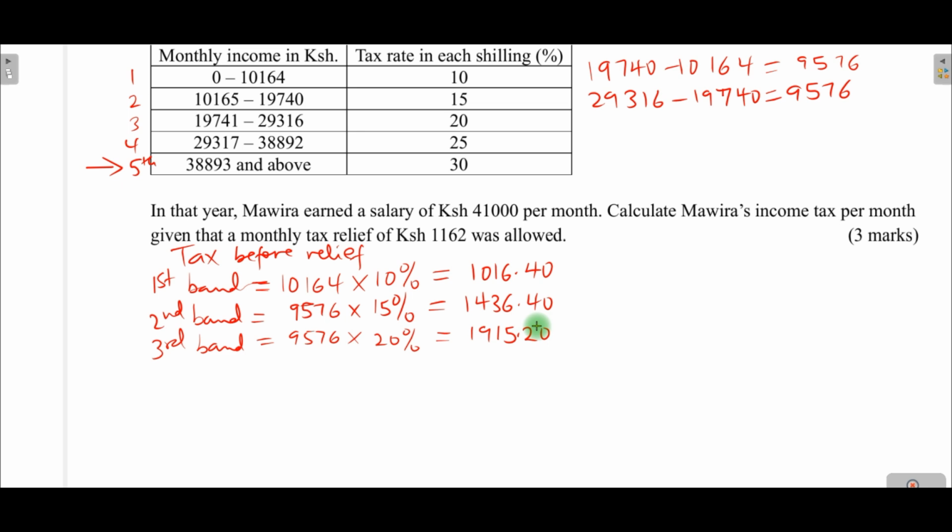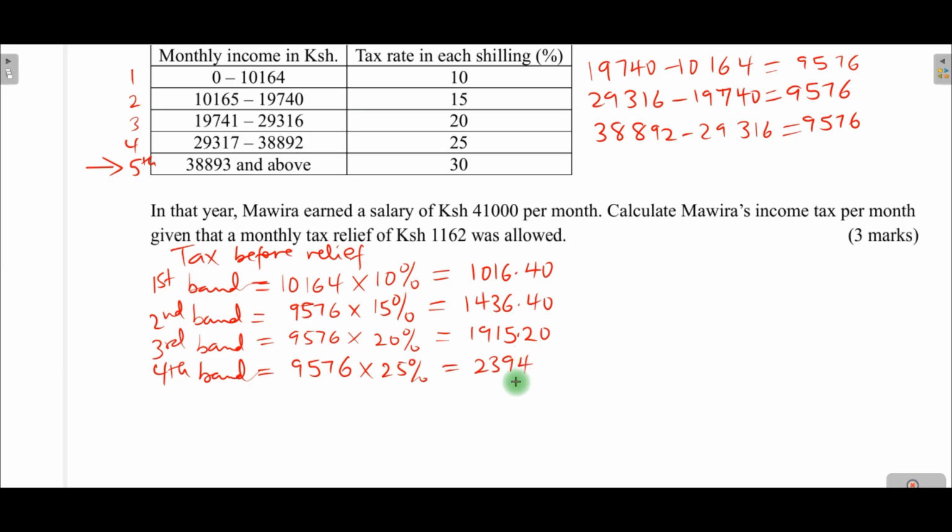Then in the fourth band will be 38,892 minus 29,316. Again, you work it out to get 9,576. So for the fourth band, it's 9,576 times the rate, 25% for each shilling. Again, you work it out, we get 2394.